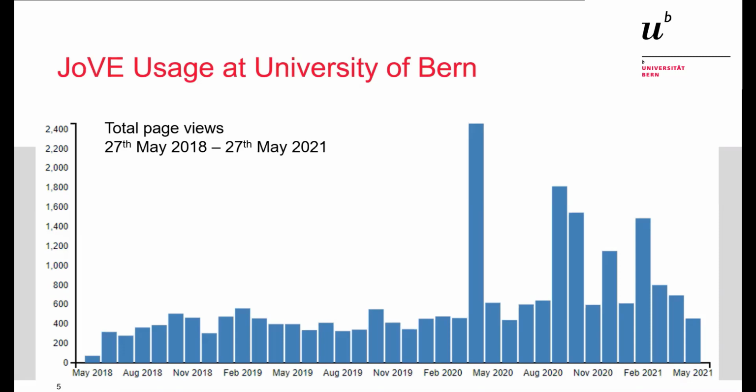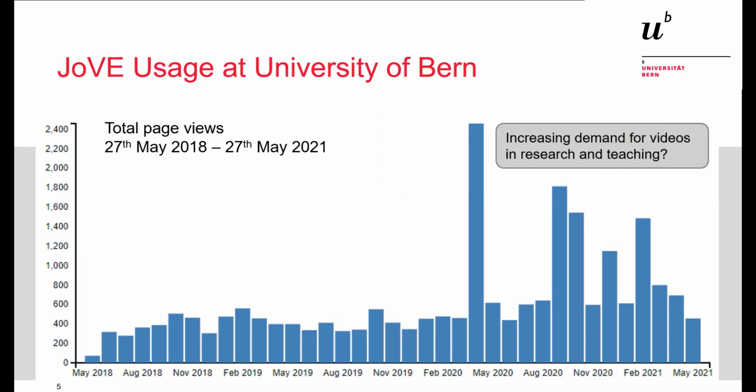So each bar represents 1 month. And total page views also were very high at the end of last year in fall, and also in February, meaning at the beginning of this semester this year. So obviously there was increasing demand for videos used in research and possibly also in online teaching.